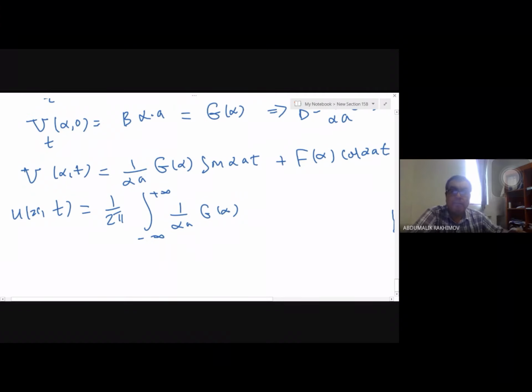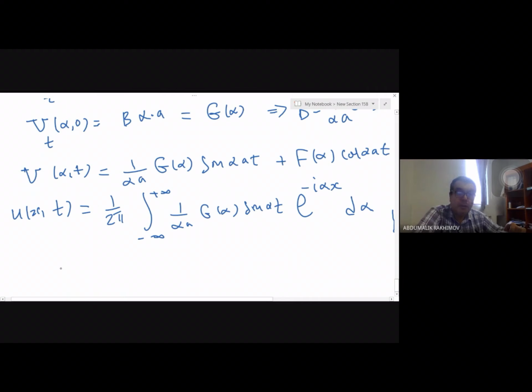G alpha sine alpha T, exponential minus i alpha x d alpha.